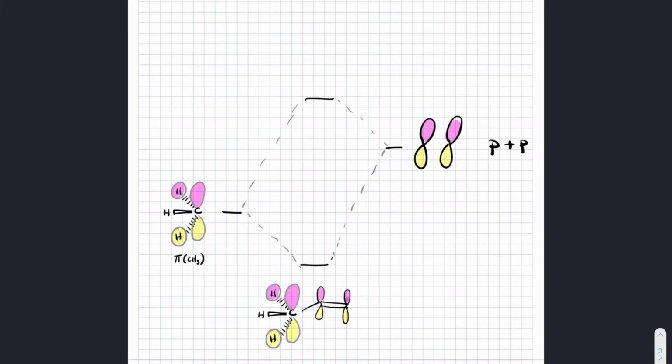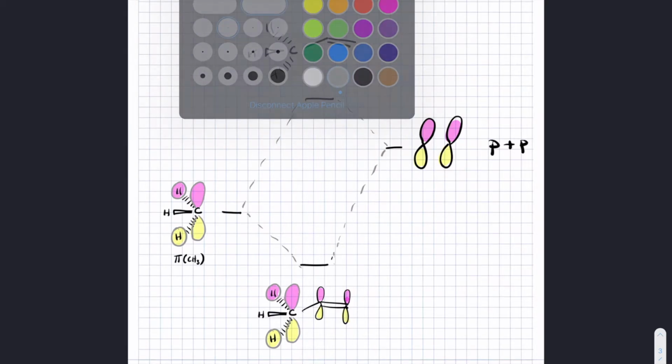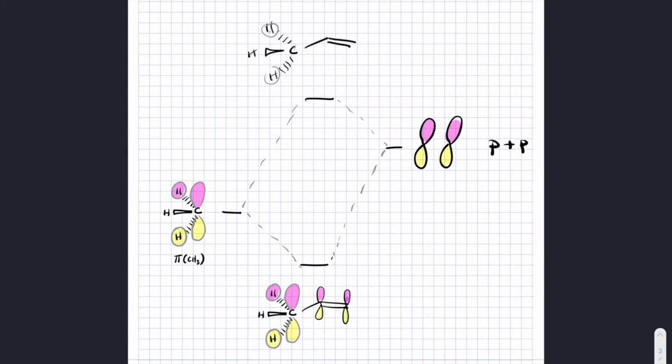The out-of-phase combination should be correspondingly more on the pi bond part of the molecule than it is on our methyl group. So we'll indicate that with smaller coefficients on the methyl group and more coefficients on the olefin carbons.